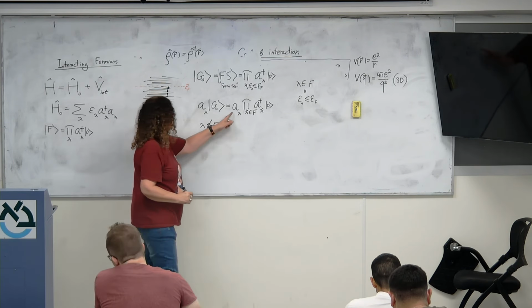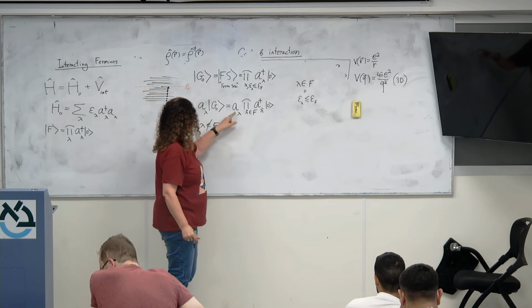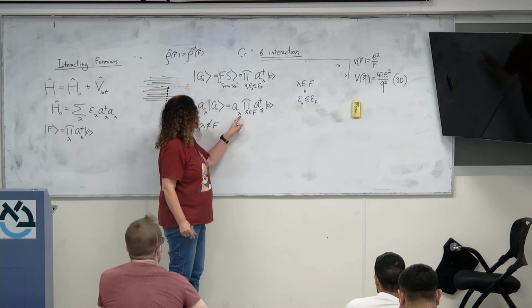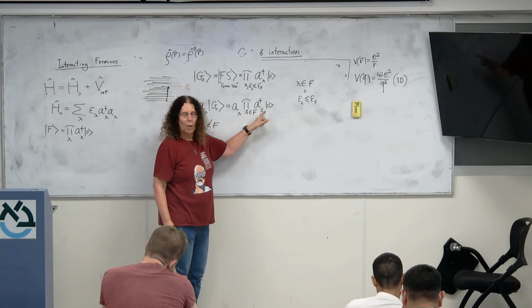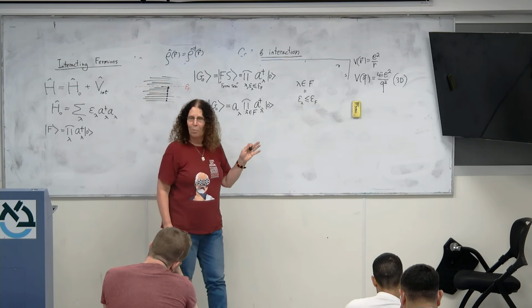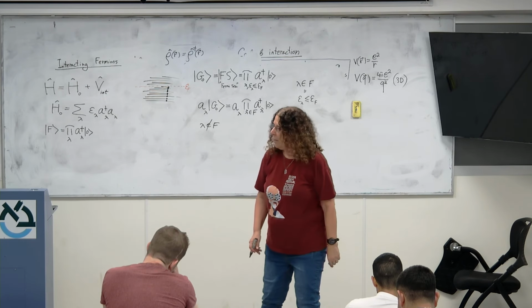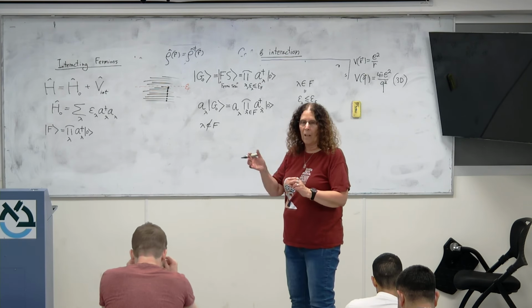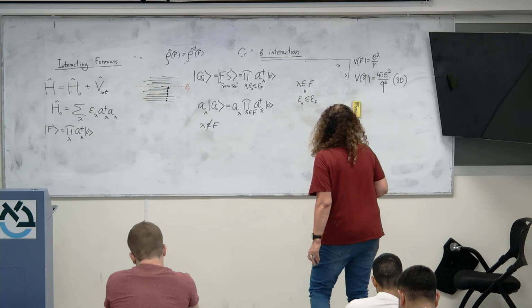Then what do I get? If it does not belong to F, A lambda commutes with all these operators, right? Actually, sorry, it anti-commutes. There's always, the anti-commutator is always 0, right?